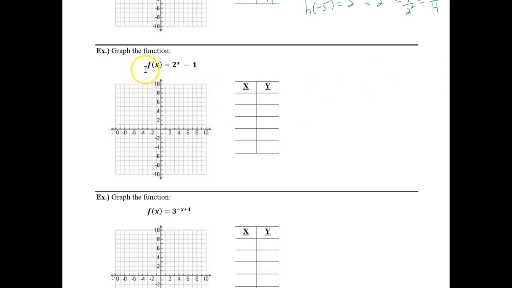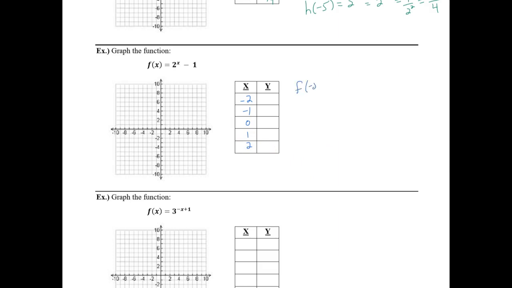Okay, so we're going to graph f of x equals 2 to the x power minus 1. So let's go ahead and just do -2, -1, 0, 1, and 2, because there's no shifting up here with the exponent, so I'm going to stick with these values and see what happens.